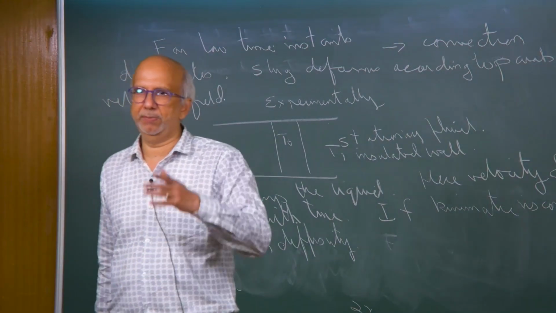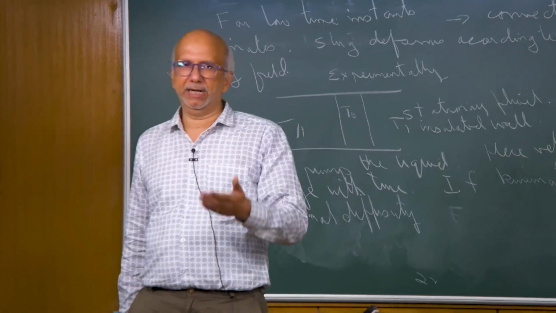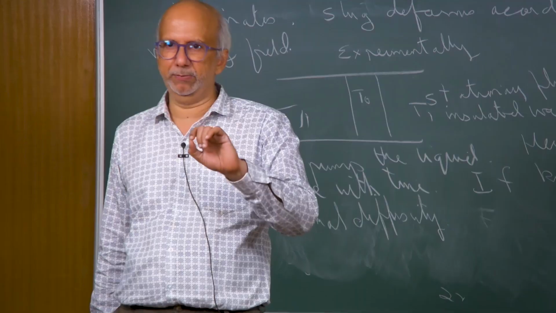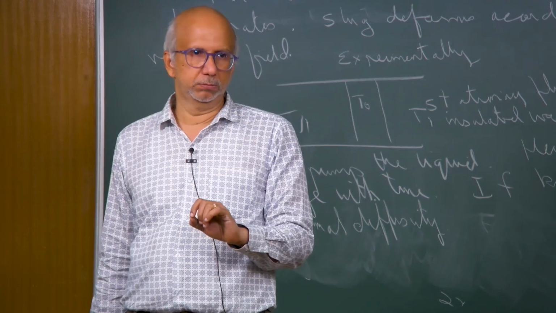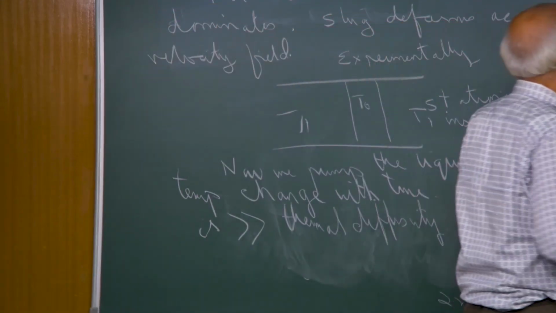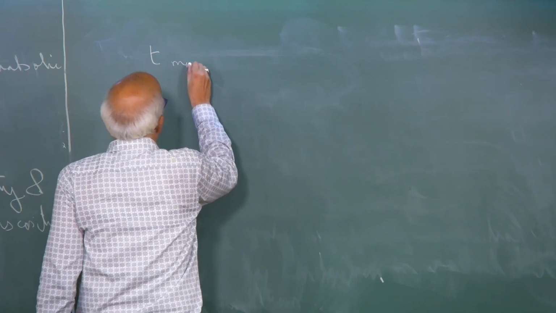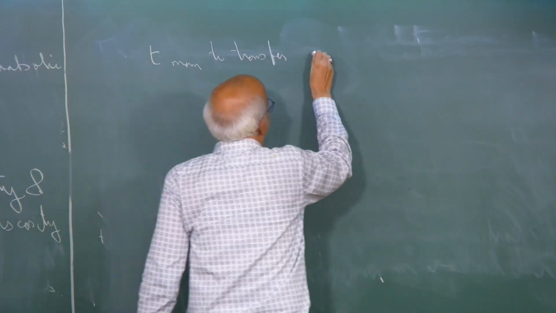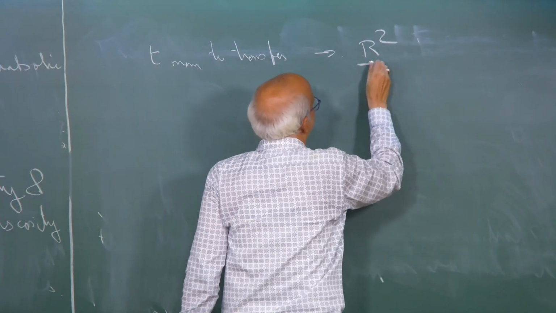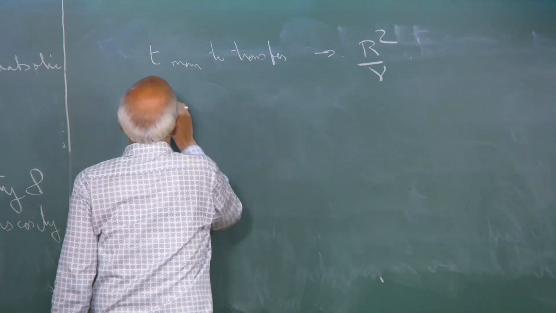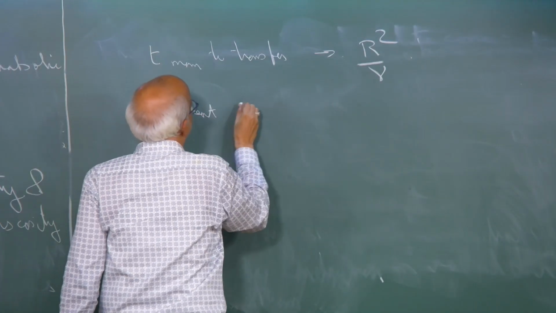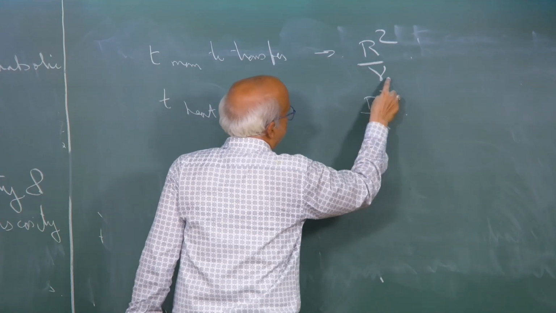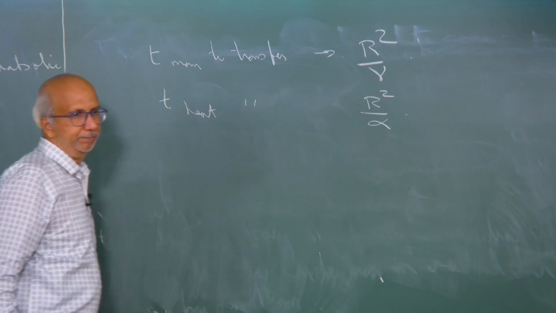Kinematic viscosity is more means the rate of momentum transfer will be very fast, because the time taken for momentum to transfer is given by L squared by nu. The time for heat to transfer is given by R squared by alpha. Kinematic viscosity, thermal diffusivity.